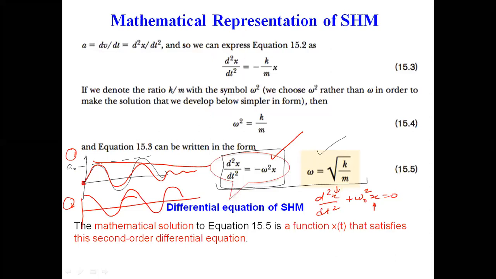So at t equal to 0, if your amplitude is 0, it means you are following the sine function, so you have to take the solution as sine. And if at t equal to 0 you have maximum amplitude A0, it means you have to take the cosine function. Sir, the phase difference should be 0. Phase difference is also there.